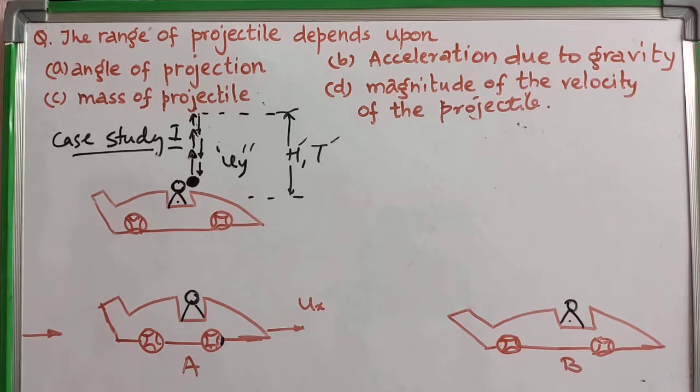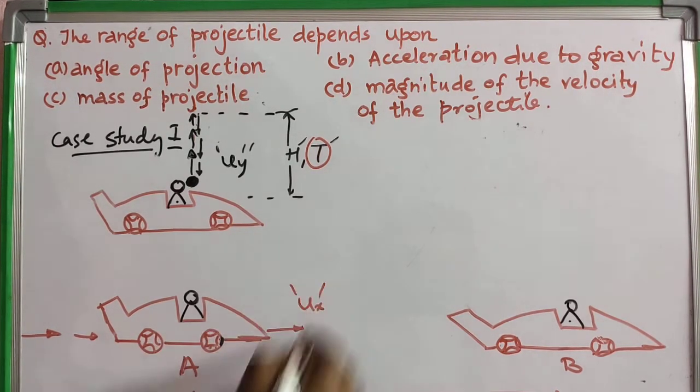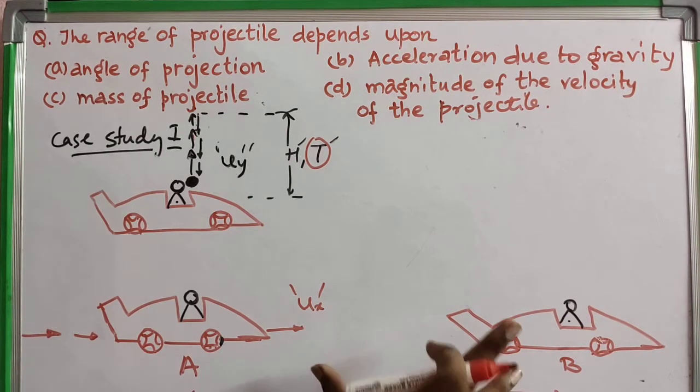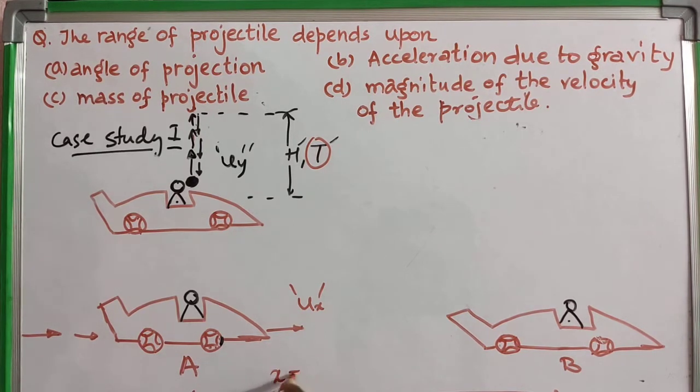When he reached point A with velocity ux, I started the time, and when the time is equal to capital T, my friend reached position B. That means if you travel with a constant velocity ux, you will reach B in time capital T. The distance covered by our friend is represented by x because it is along the x-axis or horizontal axis.